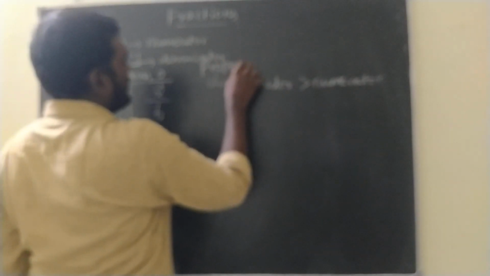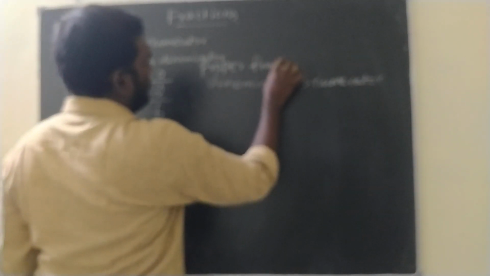Then we can call that fraction a proper fraction. What fraction? Proper fraction. Because there are many parts available, we can denote something.